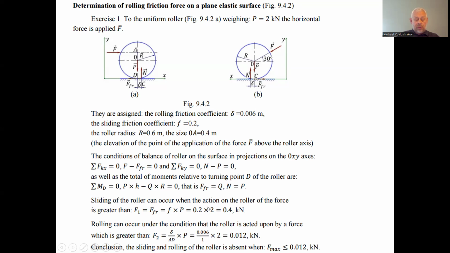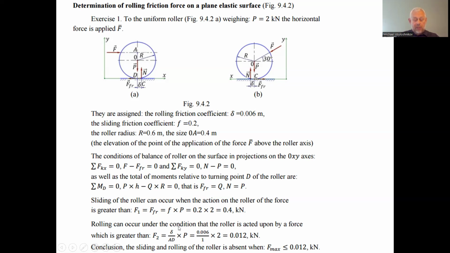Sliding of the roller can occur when the action of the roller on the force is greater than the force F1, equal to the friction force. Then the sliding friction, the dry friction factor, we assigned as 0.2, and the force equals 0.2 multiplied by 2, equal to 0.4 kilonewton.